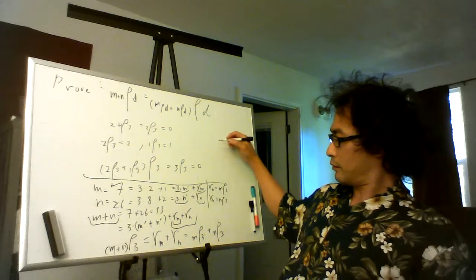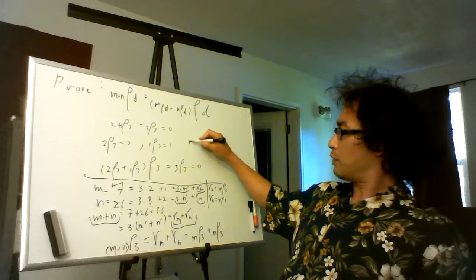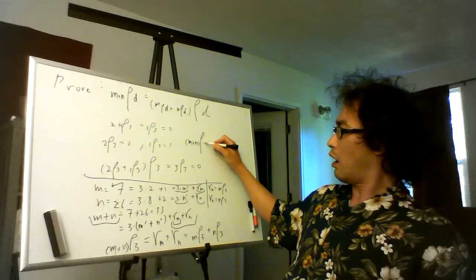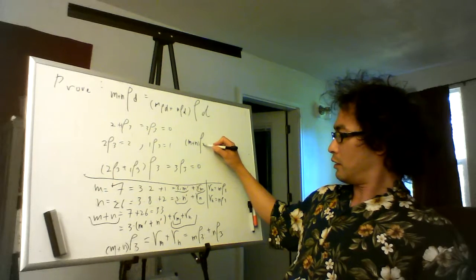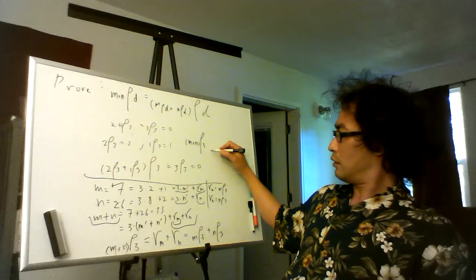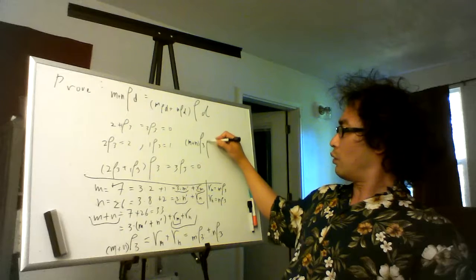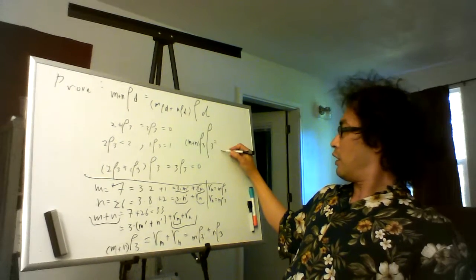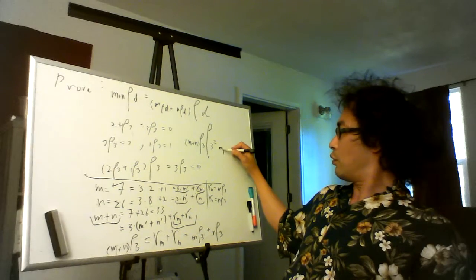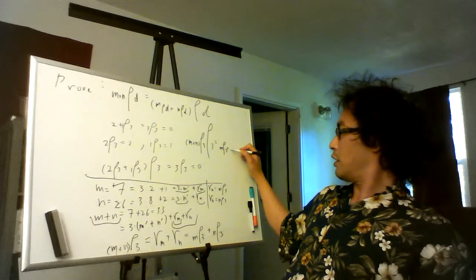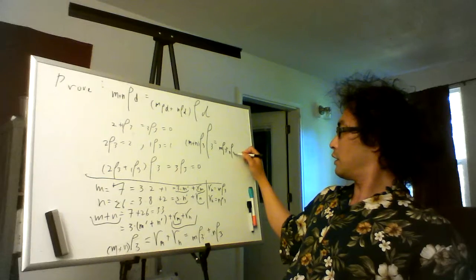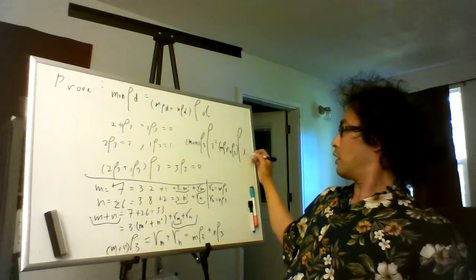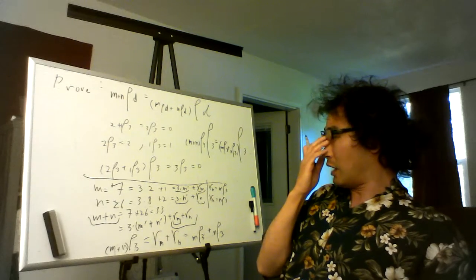Therefore, m plus n rho 3 rho 3 is equal to m rho 3 plus n rho 3, rho 3. But 3 is just a random pick.